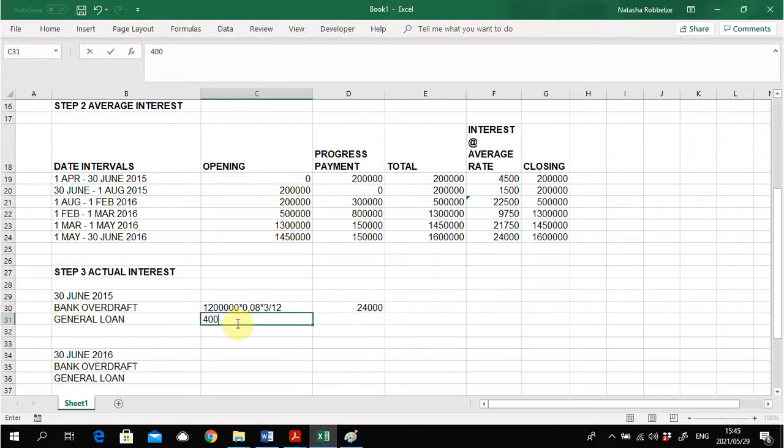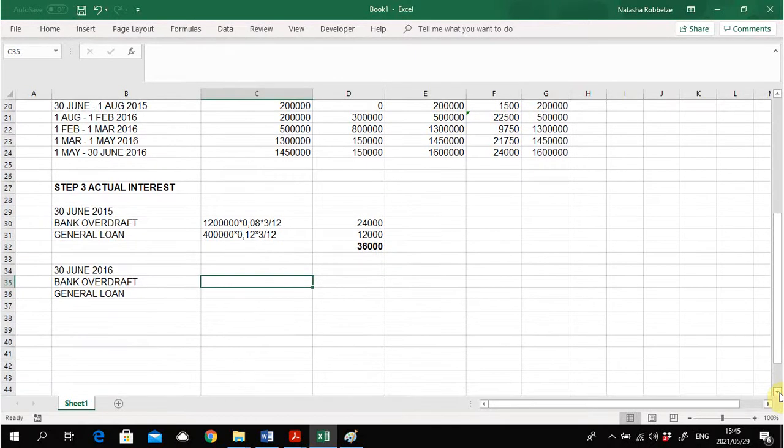For the general loan, it's 400,000 times the actual rate of 12% times the 3 months for which the loan existed in 2015. That is 12,000. And that is a total of 36,000, I think. During 2016, these fundings existed throughout the entire year. So it's going to be 1.2 million times the 8% times 12 out of 12.